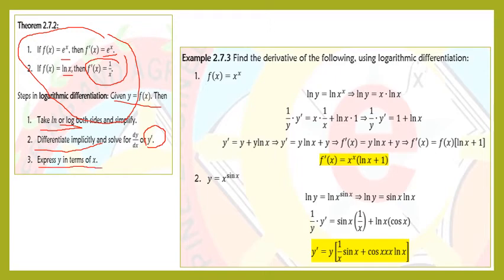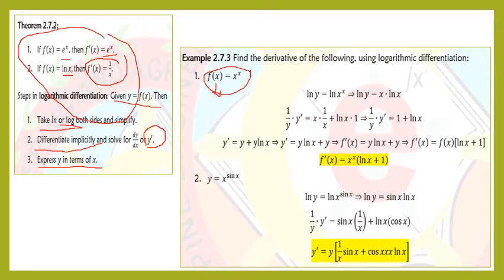Okay, for example, find the derivative of the following using logarithmic differentiation. So, gagamitin natin to. Okay, so f of x equals x to the power of x. Ito yung given natin na function. Diba? X to the power of x. So, ang step 1, take ln or log both sides. Okay, so si f of x, class, pwede natin siyang i-express as y.